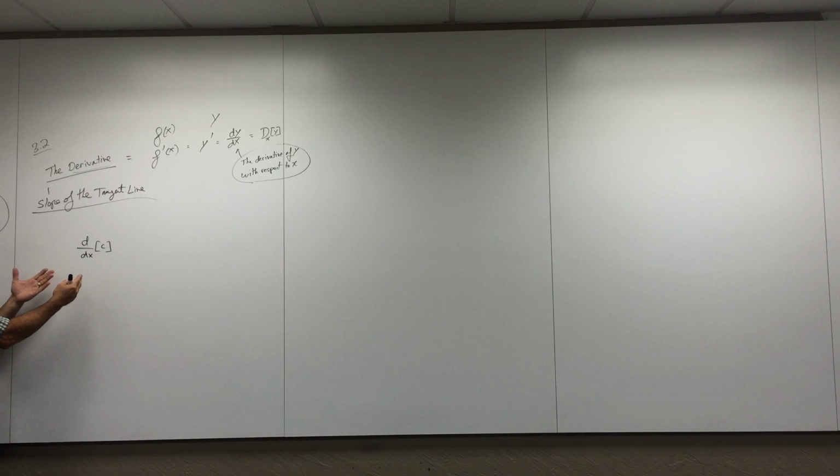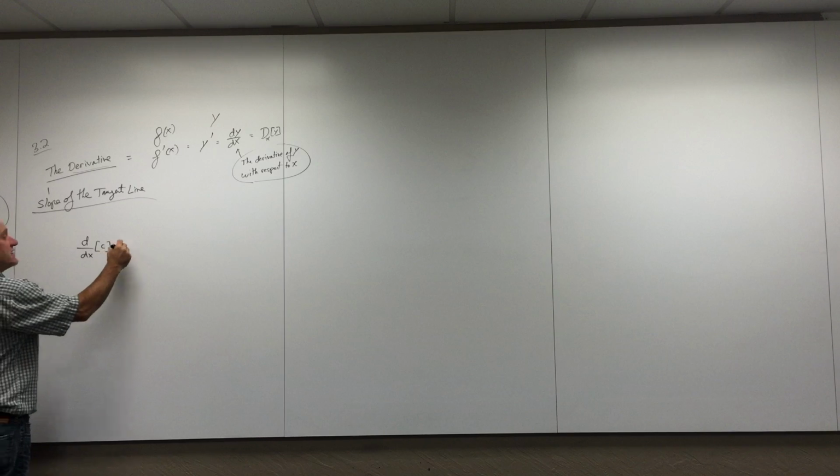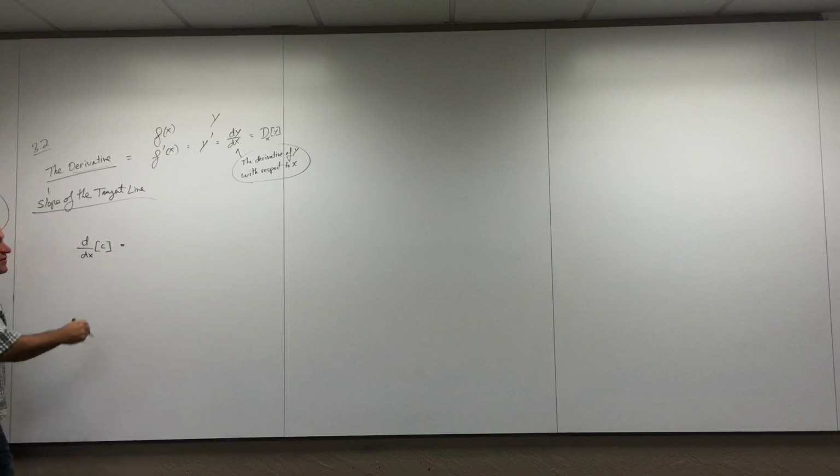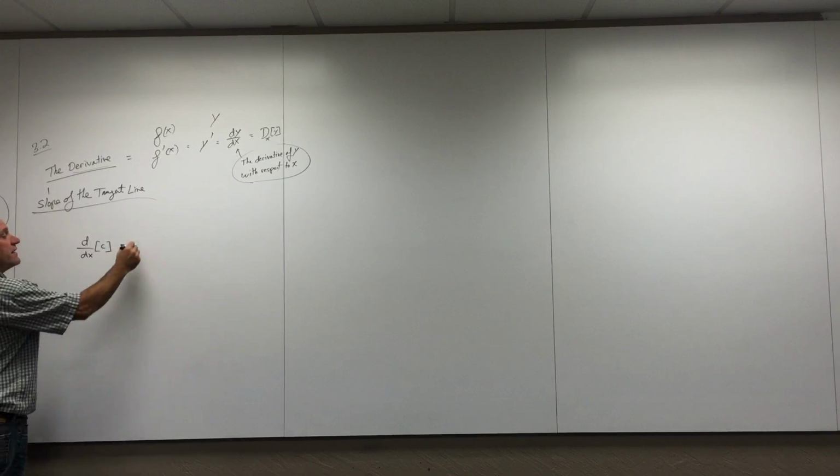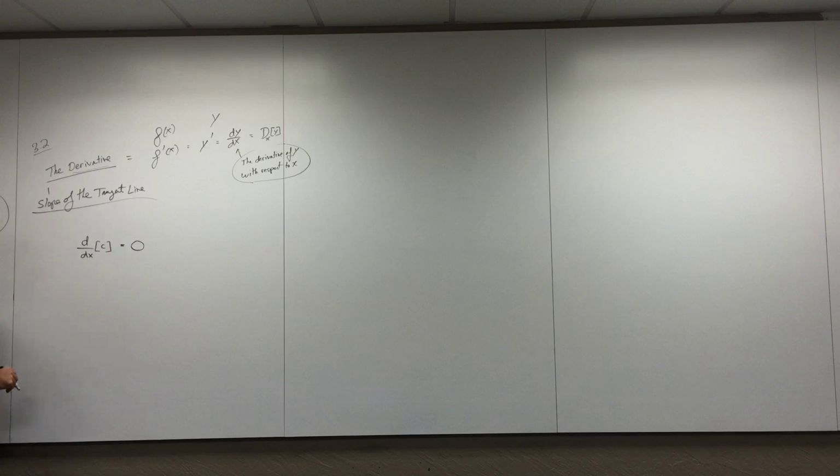This is saying, please do the derivative of this constant c with respect to x. And guess what the derivative of a constant is? Maybe you can guess, maybe you already know. It's 0. The derivative of a constant is 0. Now I can throw these rules up here. I can make a big list of rules here.